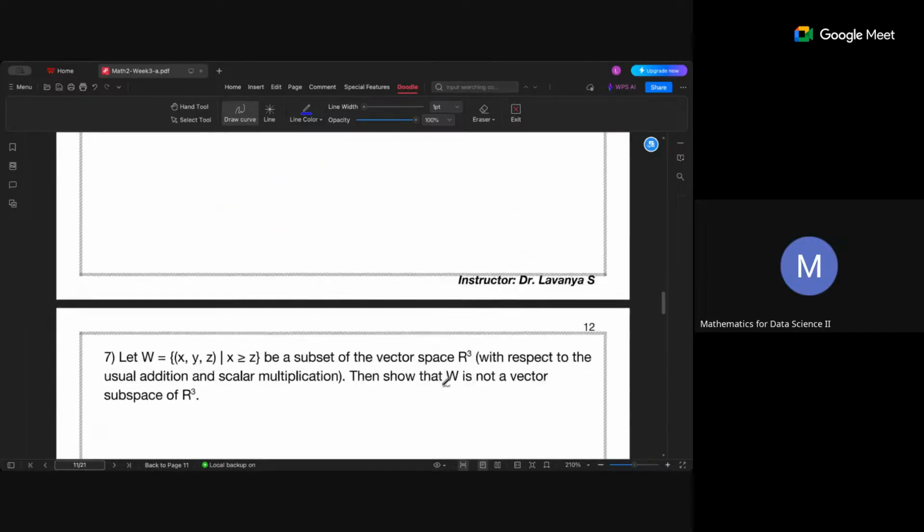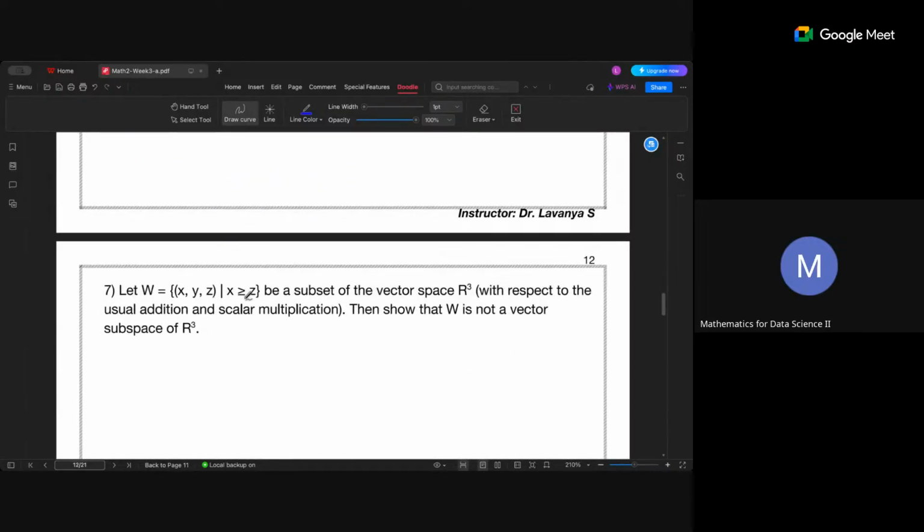Okay, so what about this one? You are having x greater than or equal to z. Is this a subspace or not? What is your guess?